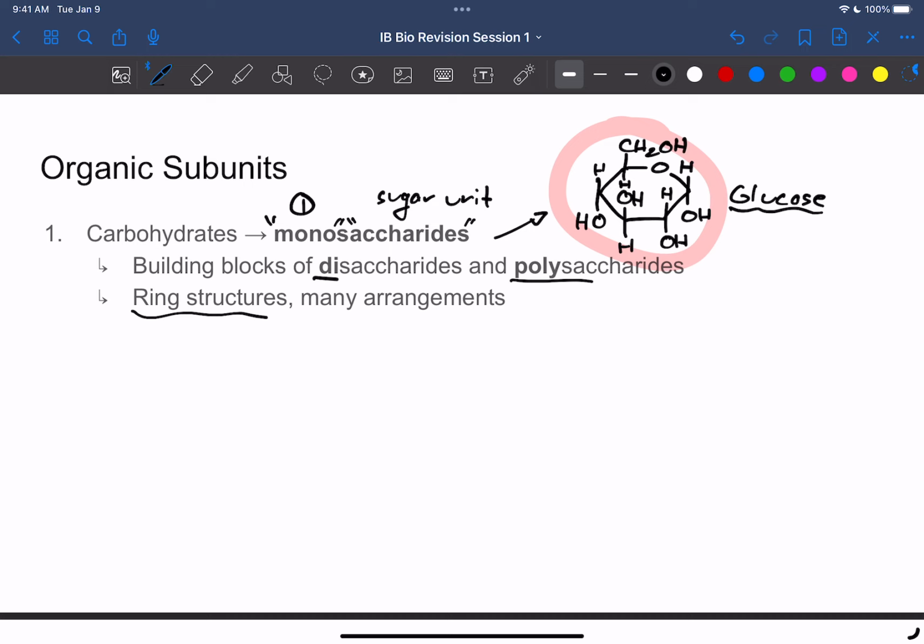Sometimes it's linear, but in solution it's always cyclic, or like a ring structure form. And there can be different arrangements of these OH groups. So if you look at these right here, some of them can be flipped. So an example of this is alpha and beta glucose. So alpha glucose would have the OH here. And I'll just draw the rest of this.